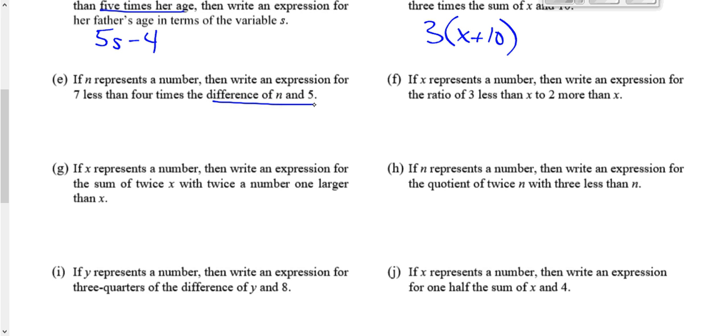Does that make sense? So let's start with n minus 5. Does it sound like it's its own quantity going to be worked on here? It's going to be 7 less than 4 times all of this. Okay. Now what should we put in there? 4 times that difference. Minus 7. And then 7 less than all of that. Right? Okay.